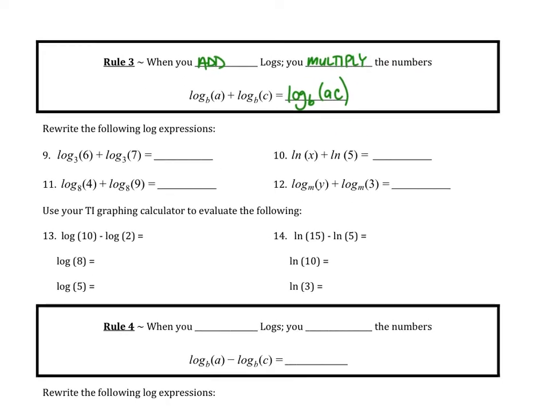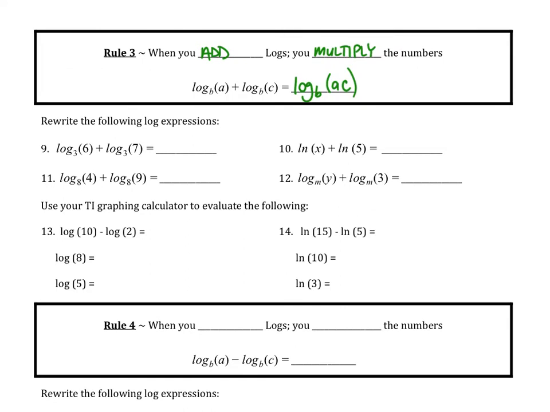Rewrite the following log expressions. I have log base 3, and I know I'm multiplying those two because of this addition sign, which is going to be log 3 of 42. Again, I want to multiply the 4 and the 9. If you look at the completed notes, I go into more specifics. So I have log base 8. 4 times 9 is 36.